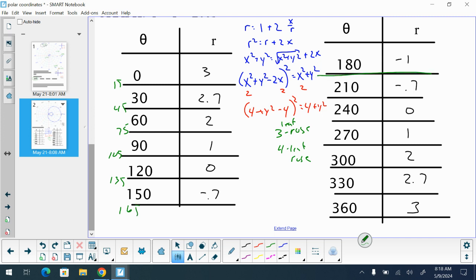But then you'll be able to stop at 180. So it's going to be the same number of points, but you're going to want to go 0, 15, 30, 45, 60, all the way up to 180.